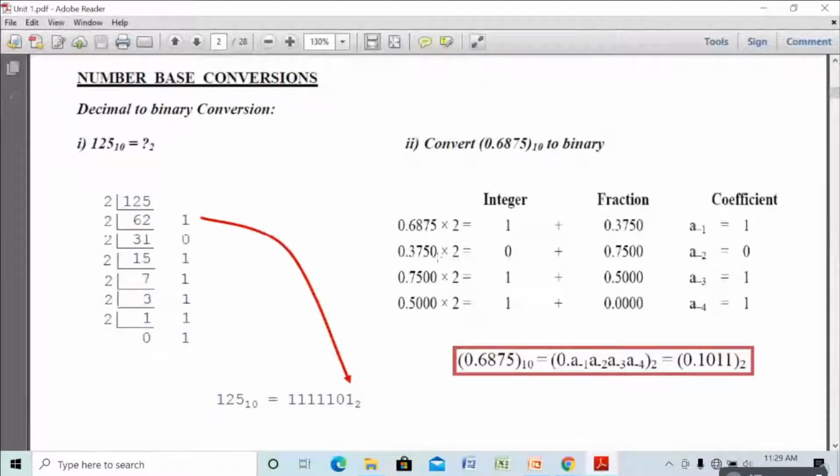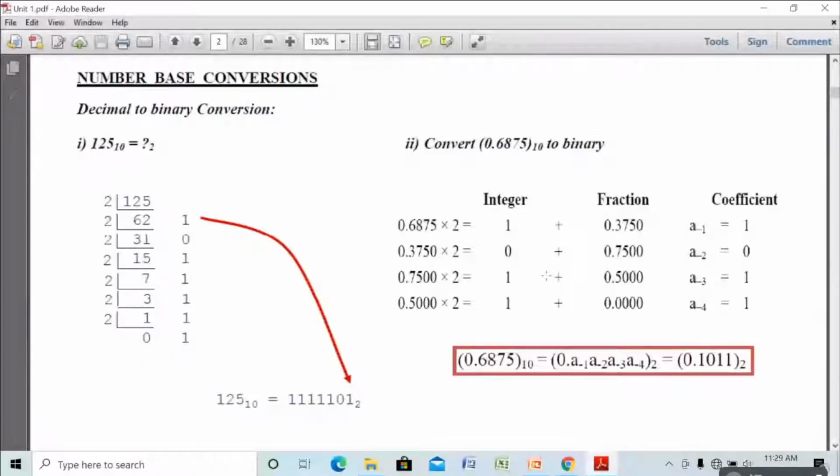Then we are getting the answer as 0.7500. So keep the integer part, that is 0, on the right side. Then again multiply 0.7500 by 2. We are getting the answer as 1.5000. Keep the 1 on the right side.